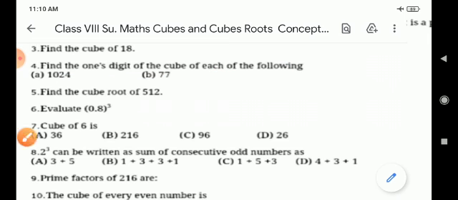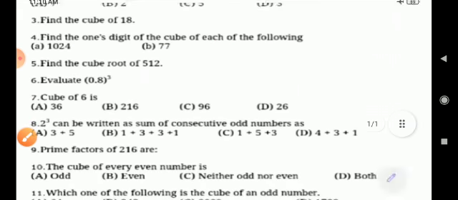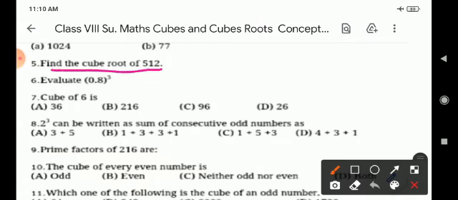Okay children, number 5. Find the cube root of 512. Cube root of 512.